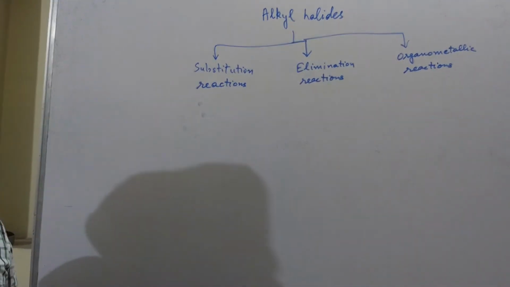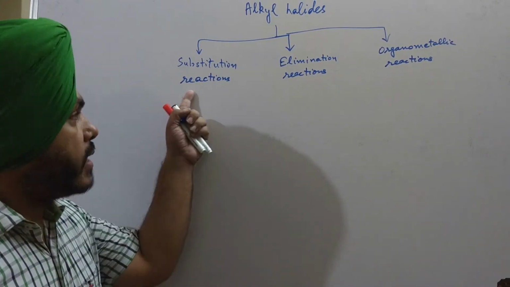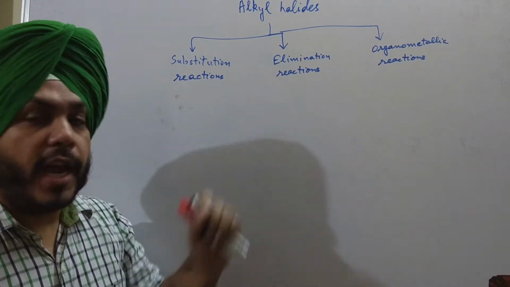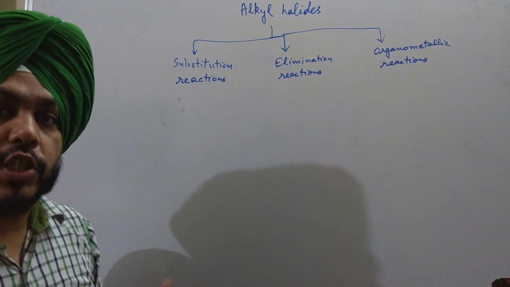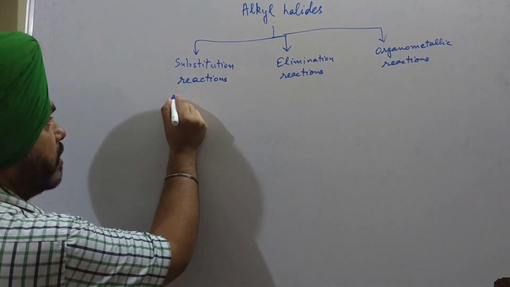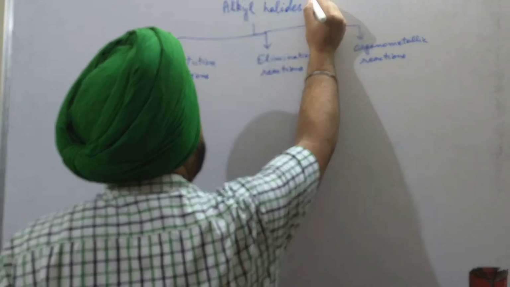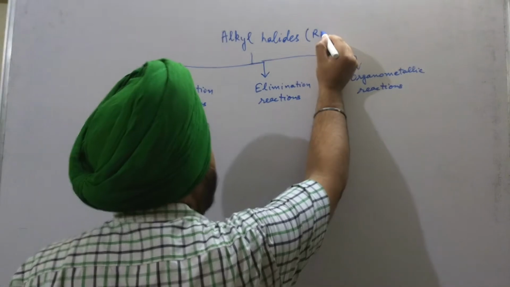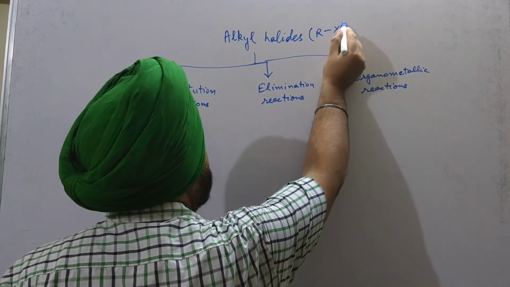I'll be majorly dealing with substitution reactions today, but I'll describe all three types of reactions so that you are aware. Alkyl halides are compounds in which there is an alkyl group, generally represented by R, with a halogen atom attached to it.